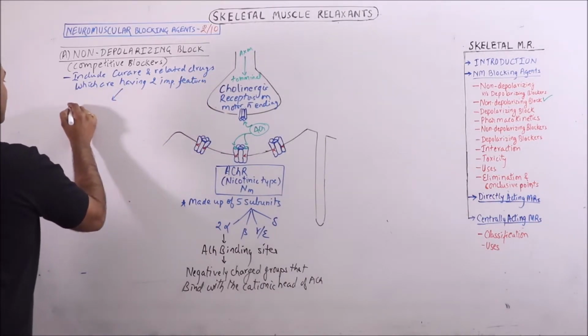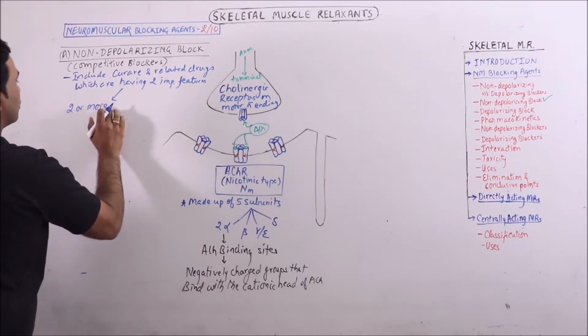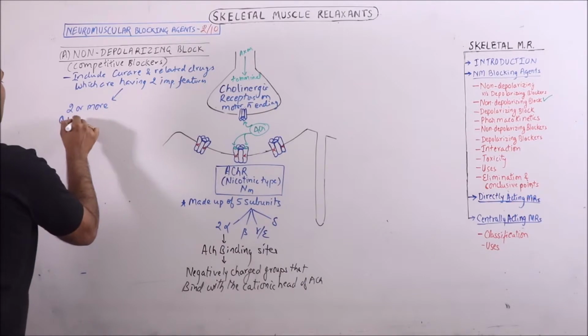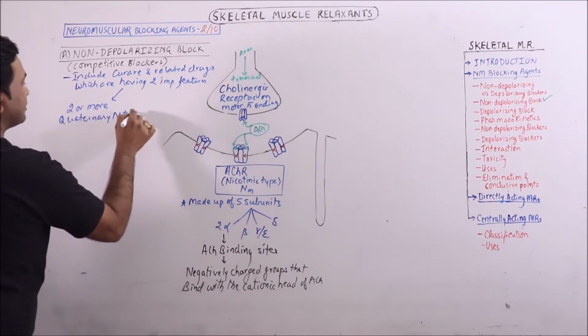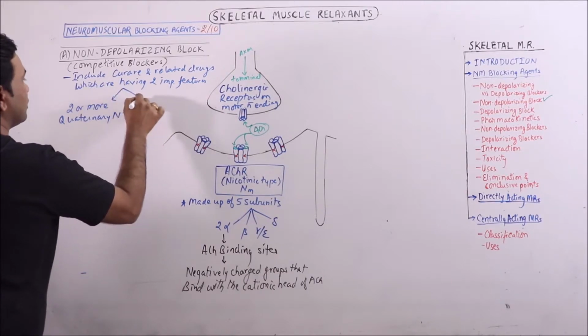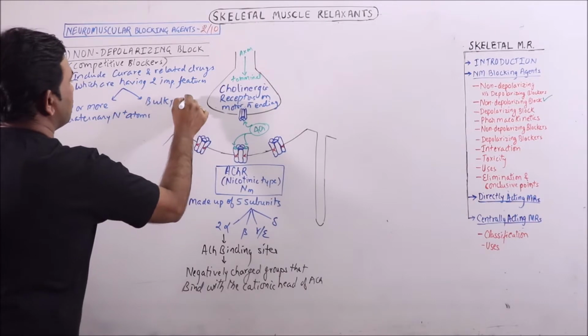First one, these have 2 or more quaternary N+ atoms, and second, these are bulky molecules.